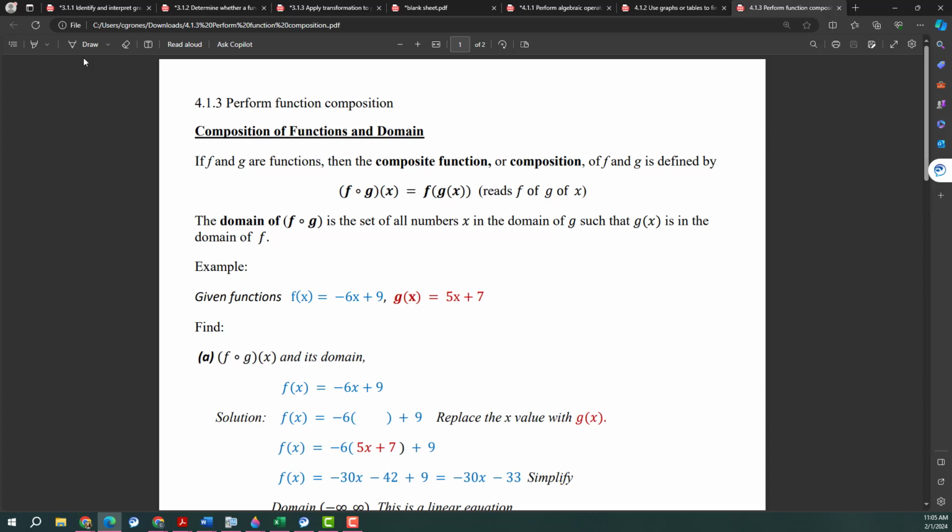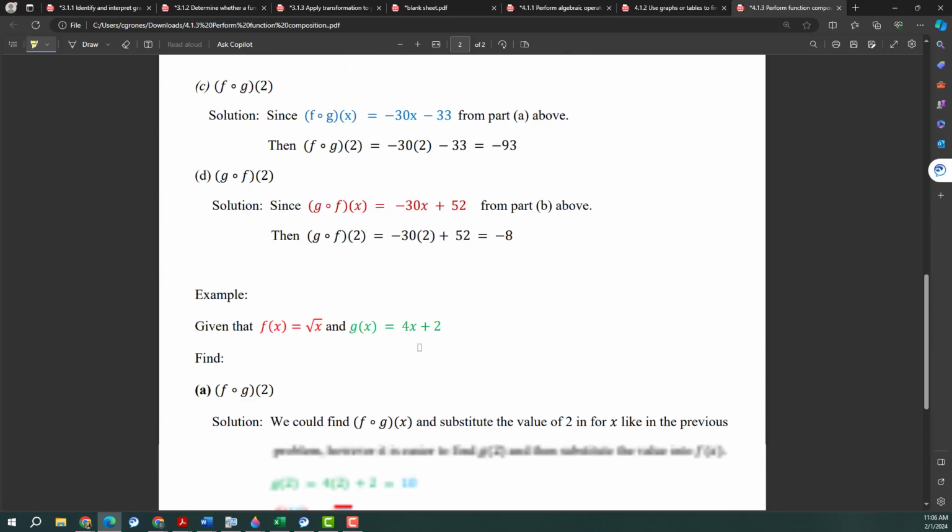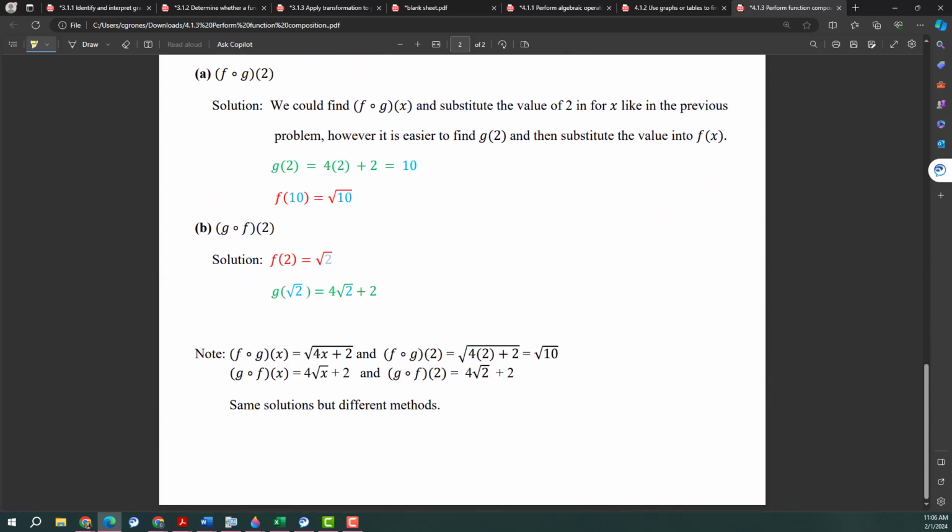If f and g are functions, then the composition of f and g is defined by this. So we have f of g of x equals f of g of x. So basically we have to calculate g of x first, and then we'll find f of x. Okay, there are some examples that you can look at. Like I said, I'm going to be doing the homework questions.